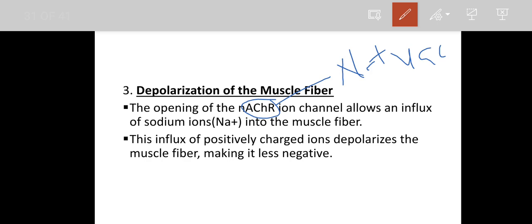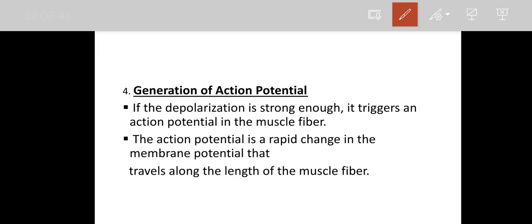We are talking about one and the same thing, because we know that inside is usually negative and outside is usually positive. So when sodium rushes inside the muscle fiber, the inside becomes less negative, or rather more positive.